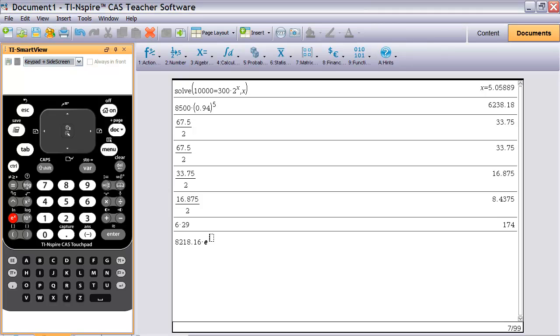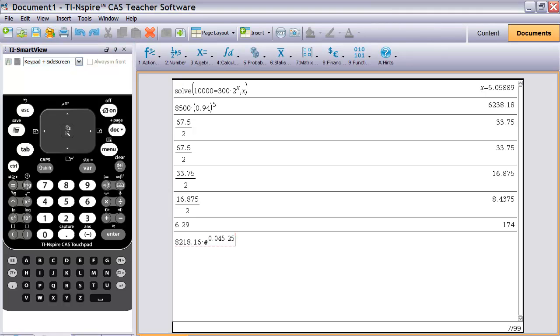Then I'm going to raise this to the 0.045, I believe that was, times 25. And we're going to go ahead and calculate that.